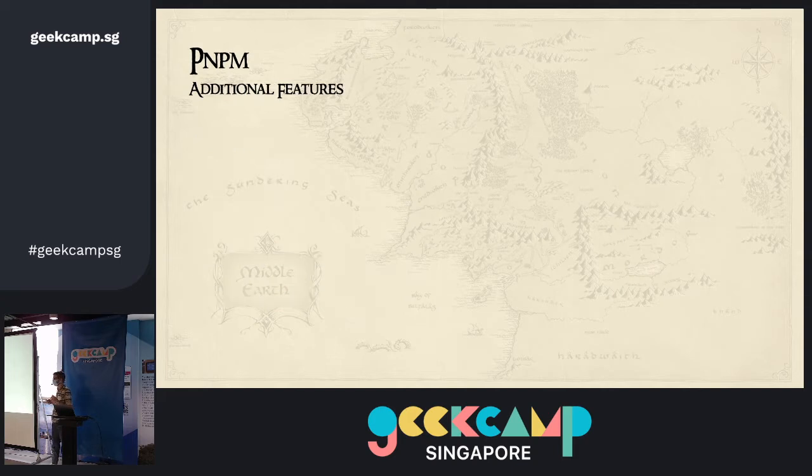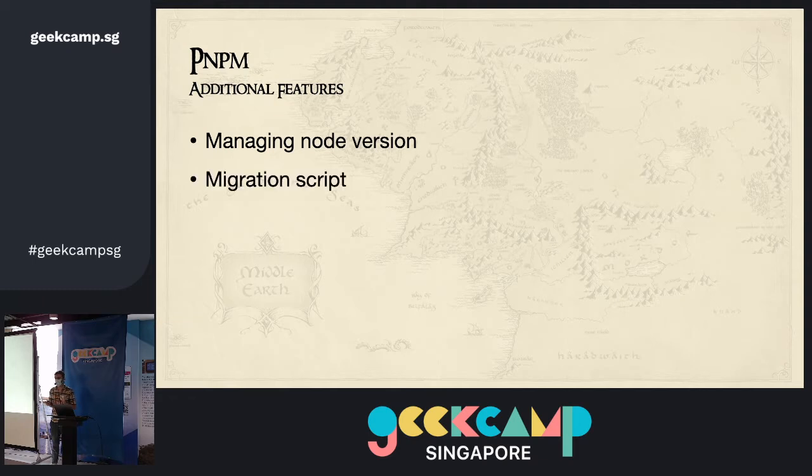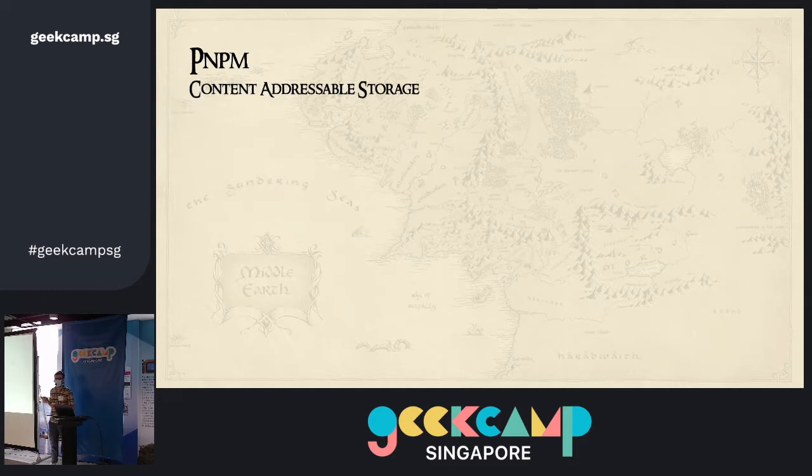The best part about PNPM is all the additional features. So you can manage the Node version. You don't need to use NVM to do so. You have some migration script as well. So if you have your existing package with the package lock file already in place, you can just migrate. And the best part is the content-addressable storage. So it's difficult to pronounce. The content-addressable storage is a global store.